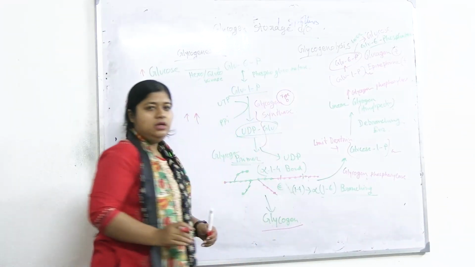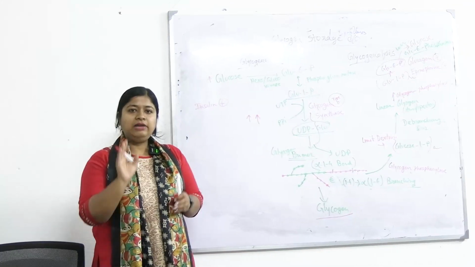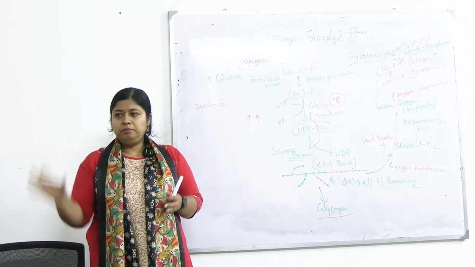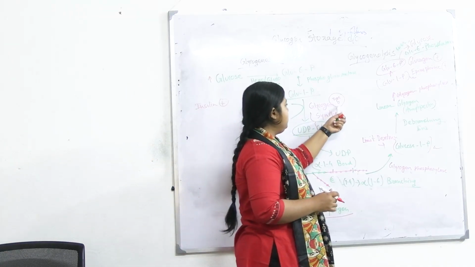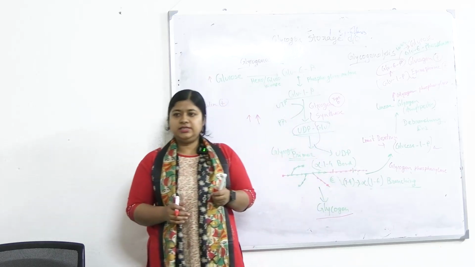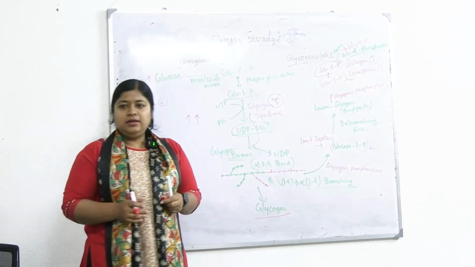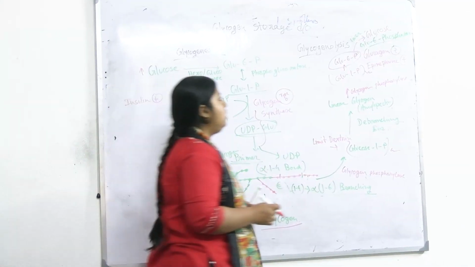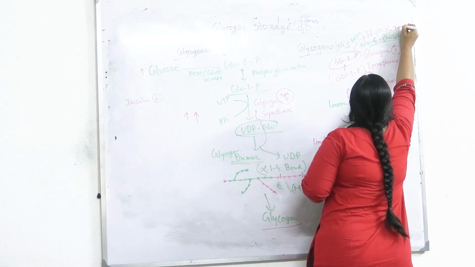I am just numbering the enzymes. I will dictate the major table later on. Next comes type 1. Type 1 is for glucose 6-phosphatase enzyme deficiency.